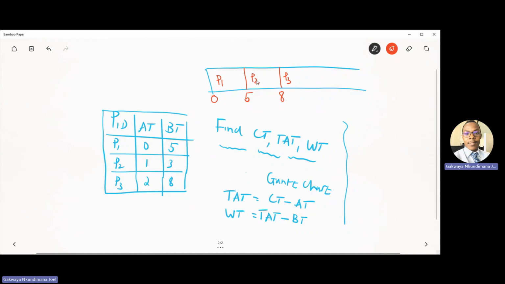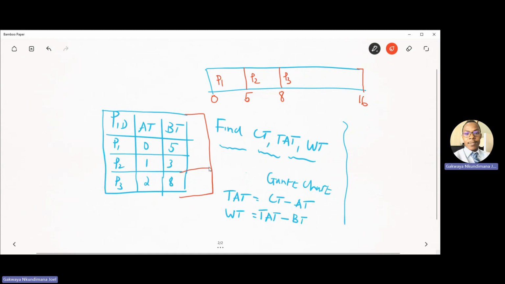When process 2 finishes its time, the completion time of process 3 will be equal to the completion time of process 2 plus the burst time of process 3, which will be 8 plus 8, equal to 16. Now we define here. Now here we can add the extra table which we created.